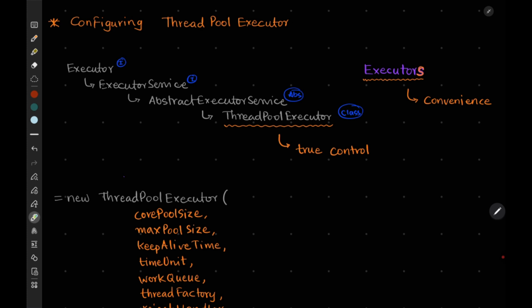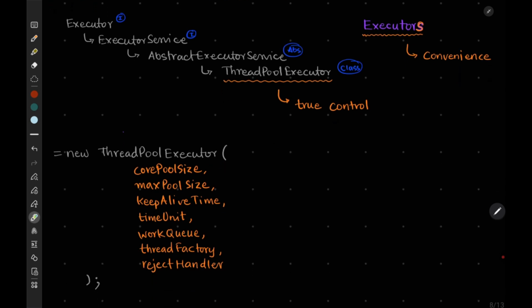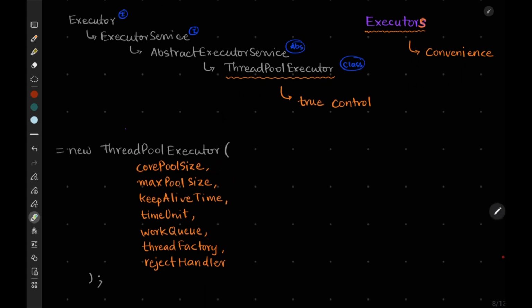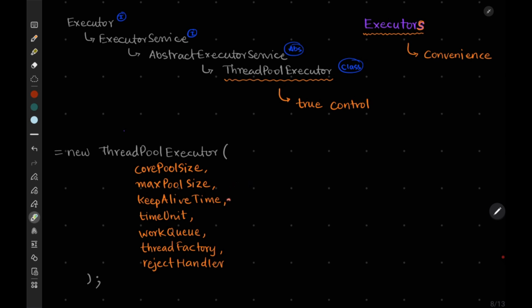Its constructor has 7 parameters: core pool size, the number of threads to keep alive even if they are idle; maximum pool size, the maximum number of threads; keep alive time, how long idle threads beyond core size wait before being terminated; time unit; the work queue, the queue that holds the tasks; the thread factory, how threads are created; and reject handler, what to do when the queue is full and the pool is at max size.